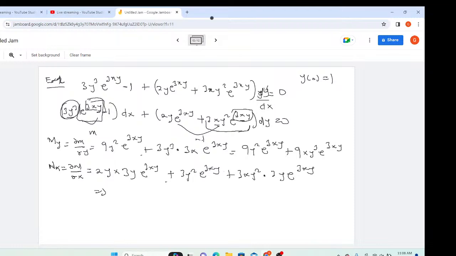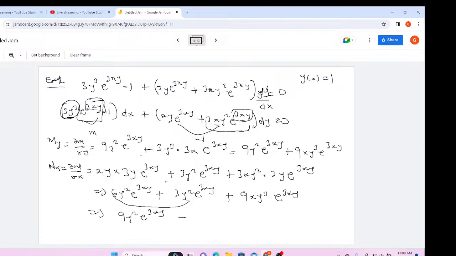So this will give me 6y squared e to the 3xy plus 3y squared e to the 3xy plus 9xy cubed e to the 3xy. They are like terms, right? So 9y squared e to the 3xy plus 9xy cubed e to the 3xy.